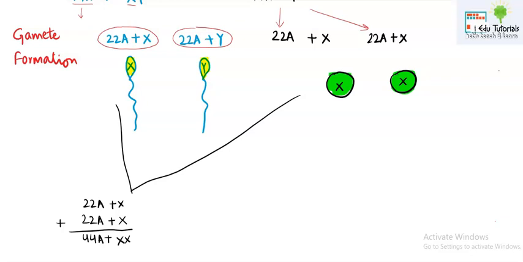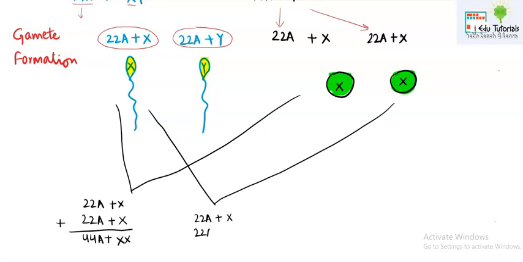Now another possibility, this gamete can also fuse with another female gamete. This will again result in 22 autosomes plus X, 22 autosomes plus X. So in this case also 44 autosomes will be there and sex chromosomes will be XX, meaning a girl will be there.